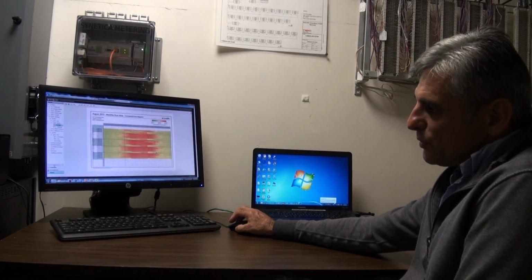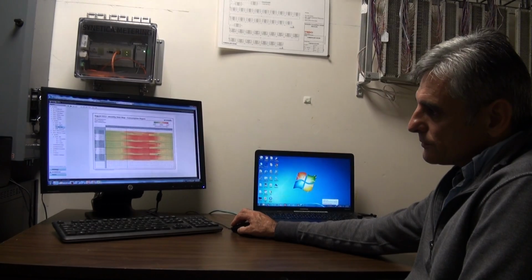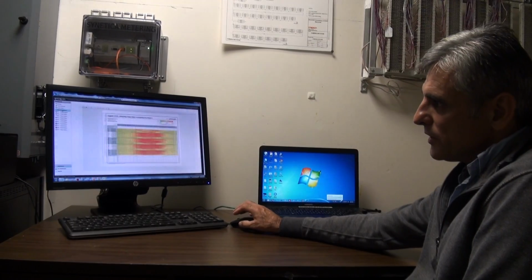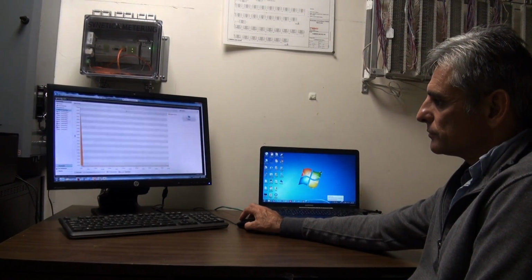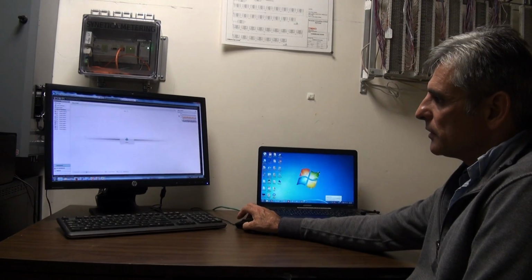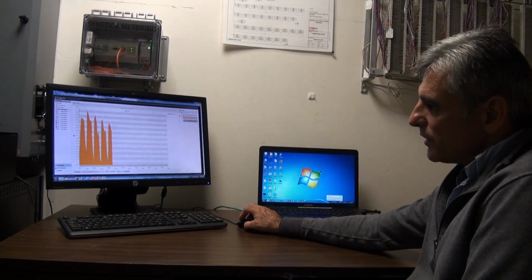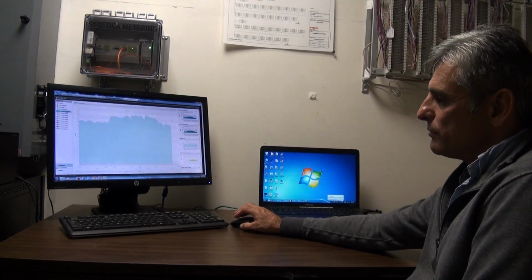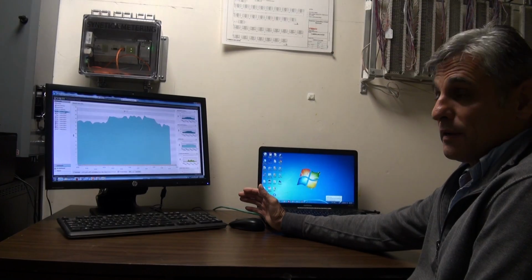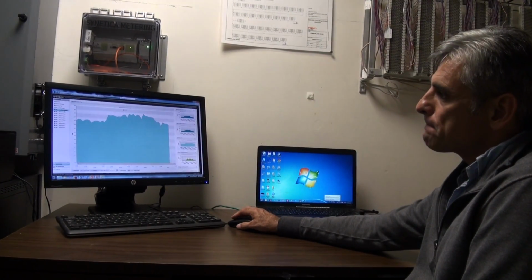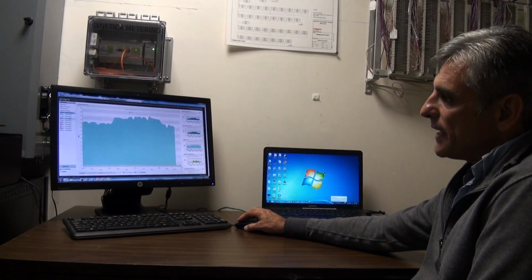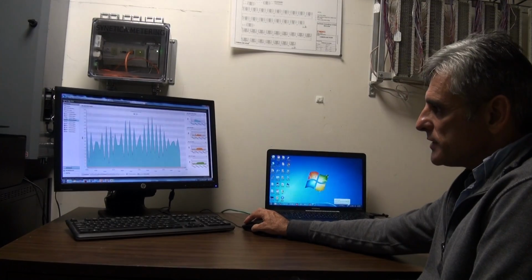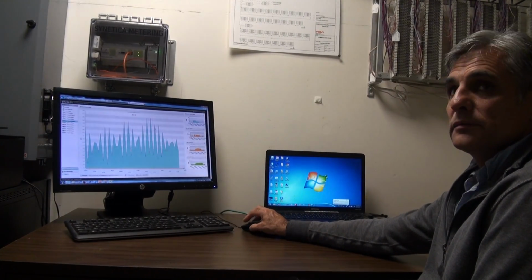You can create your own dashboards. At this particular building, we can measure the incoming supply. This is the incoming supplies. We can measure the landlord's metering, meaning how much it's costing the landlord to run his building. And we can go to an individual tenant to see how much that individual tenant is using as well.